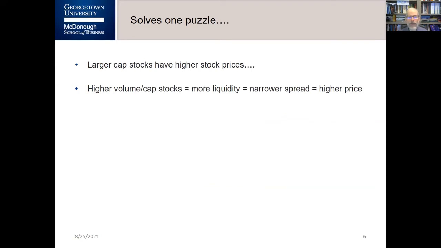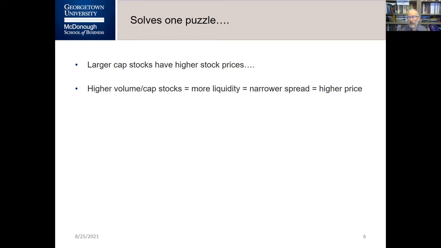Now, what I love about this paper is it does solve one of the major puzzles. I think my model did it too, but the larger cap stocks have higher stock prices. And indeed, that can be driven by a number of factors, but higher volume, i.e. higher cap stocks are going to have higher volume. They're going to have more liquidity.